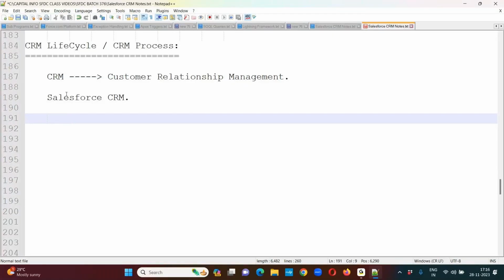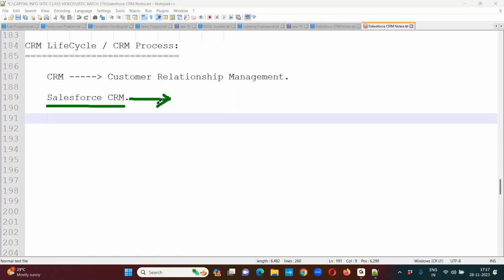So many CRMs are available, but most of the customers prefer to use Salesforce CRM because it is the world's first cloud CRM application in the IT industry.